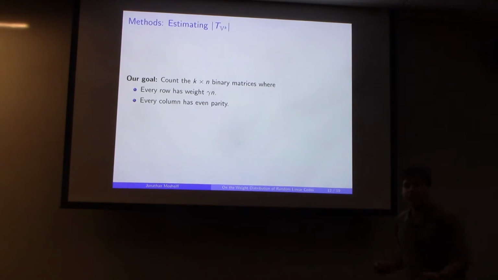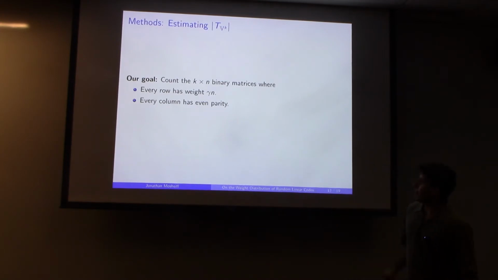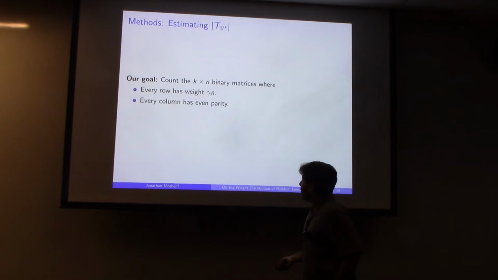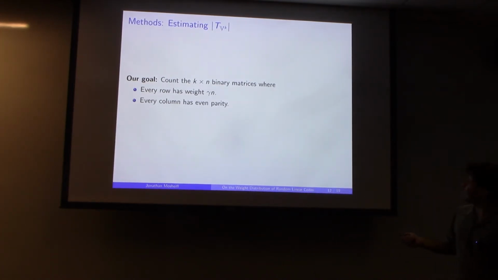We're looking for matrices that satisfy the row condition, which means k by n matrices where every row has the same weight gamma n, and every column, wait, I should have said something before, I'm sorry. We're going to estimate now T of vk. So what is T of vk?